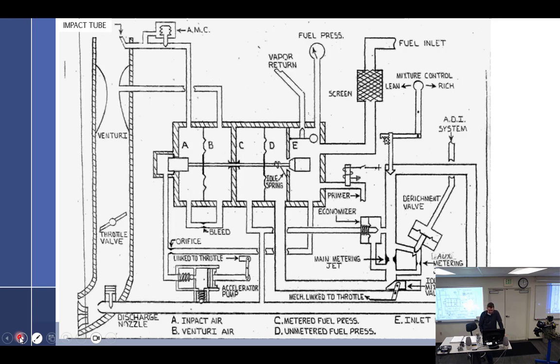This particular carb, what happens if the automatic mixture control fails? Rich as we get to altitude. Yep. We already covered what happens if the diaphragms fail. What happens if the vapor float fails? You get air bubbles.